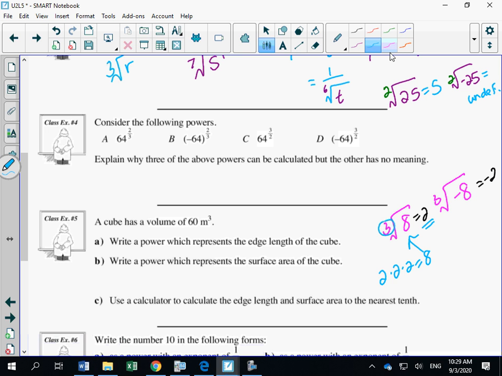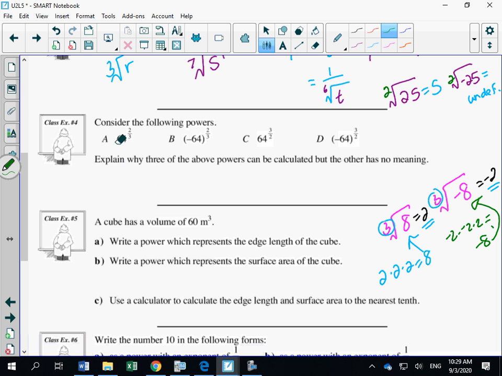So that makes sense. Negative 2 times negative 2 times negative 2 equals negative 8. So that one works as well. So what students need to see the pattern of is if you're taking a square root, you could never take the square root of a negative. If it's a third root, though, you can take the third root of a negative.